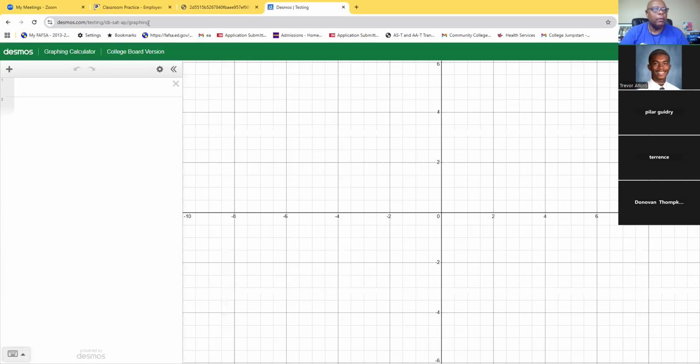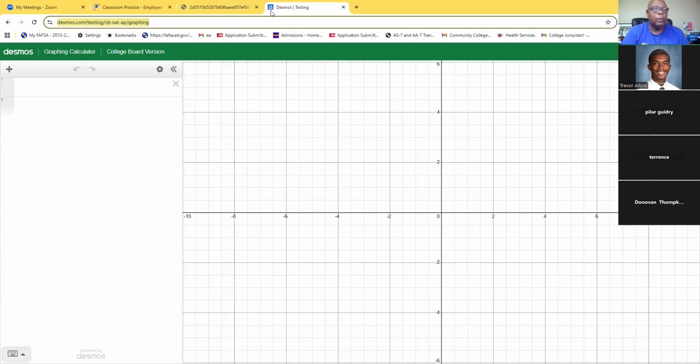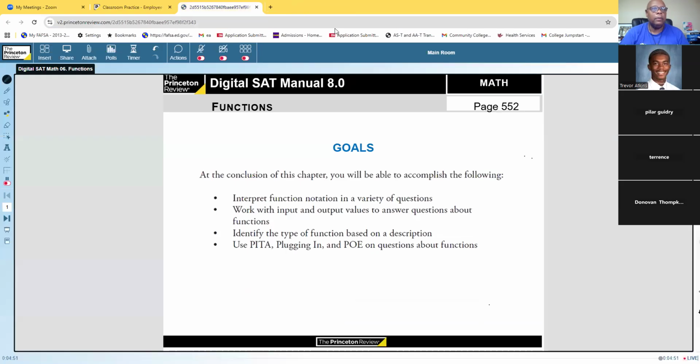It's right there. I'll put it in the chat again. There's the Desmos calculator in the chat. You may or may not need it. It's up to you. I will show you how it's used when it's appropriate. But I want to get you used to, in the last session, using it as an actual weapon.